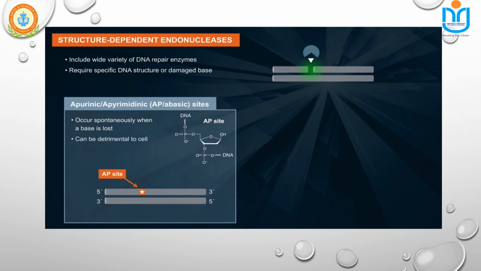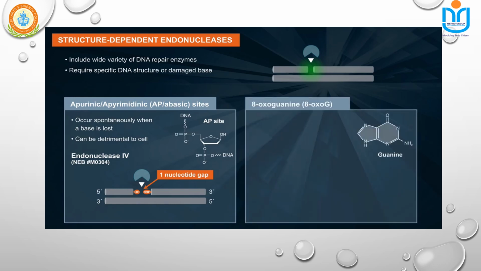This can be detrimental to the cell. An example of an endonuclease that will act on an AP site is Endo IV. It catalyzes the cleavage of the DNA phosphodiester backbone at AP sites via hydrolysis, leaving a 1 nucleotide gap with 3' hydroxyl and 5' deoxyribose phosphate termini.